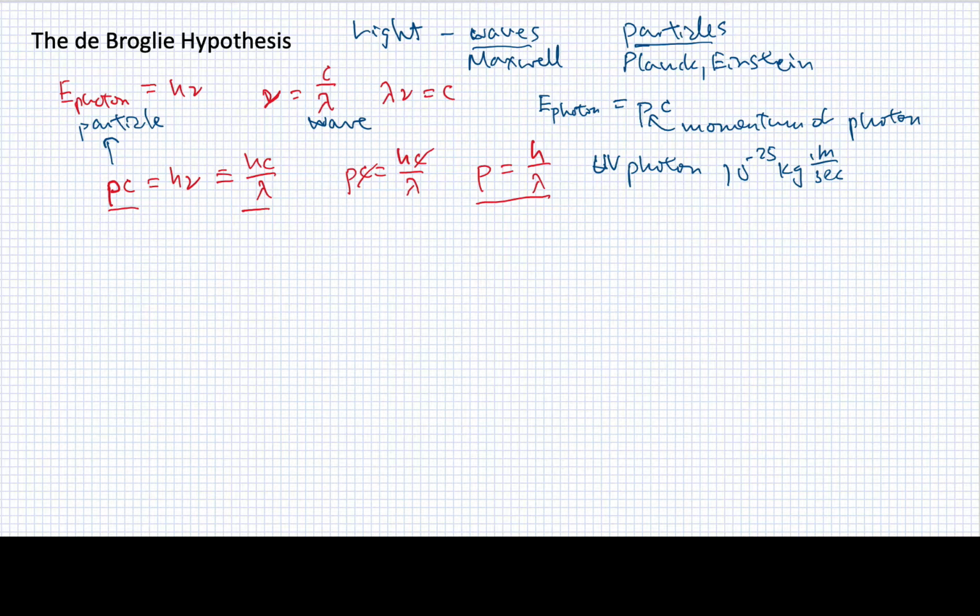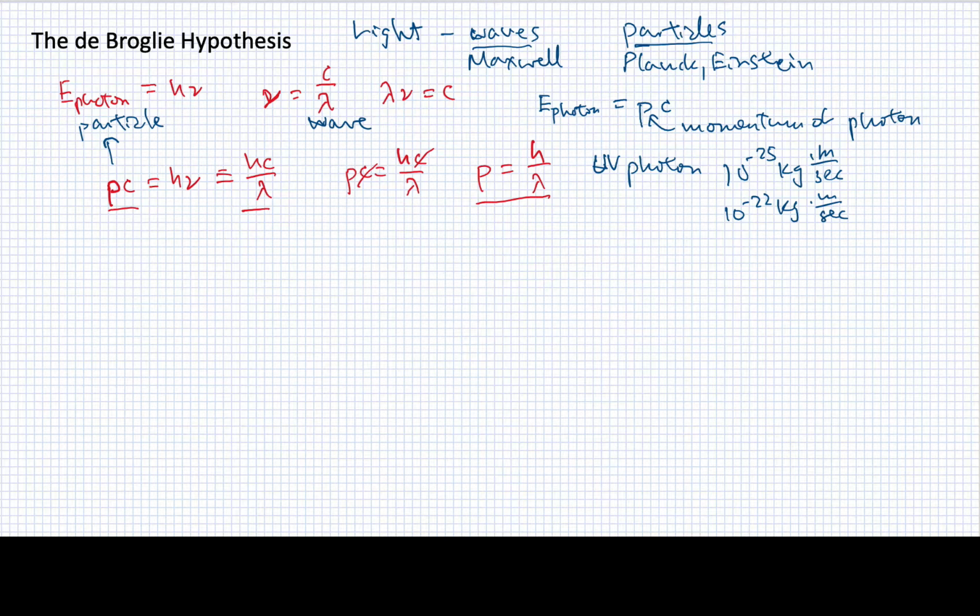Is that very big or very small? Well, an electron traveling at something close to the speed of light would have a momentum of about 10 to the minus 22 kilogram meters per second. So it's appreciable, but it's still about 1,000 times smaller than an electron. So it's not a lot of momentum, and that's one reason why we don't typically think of light as carrying a lot of momentum.